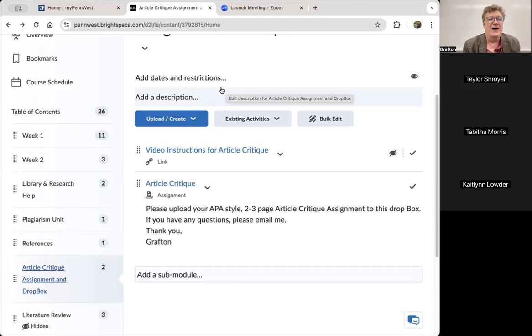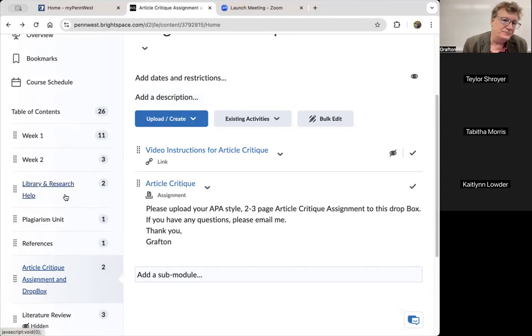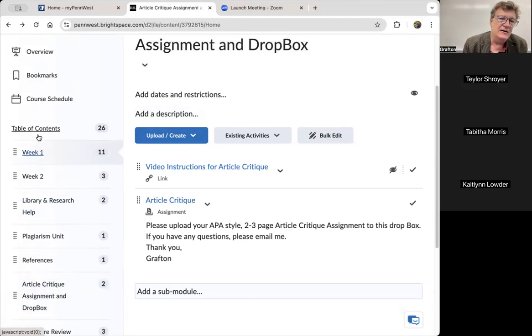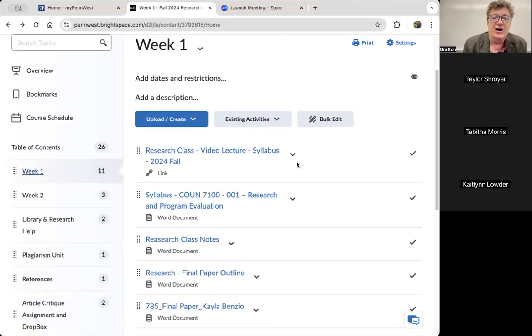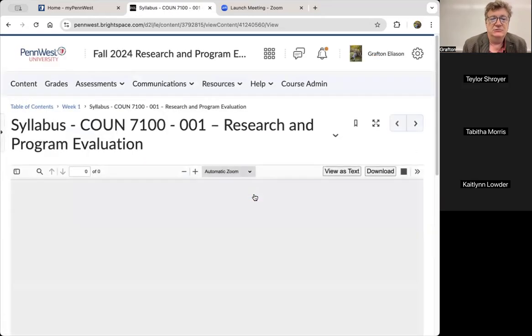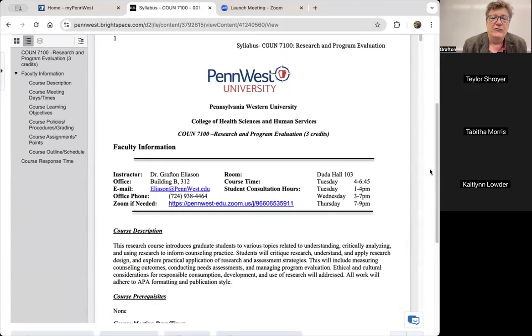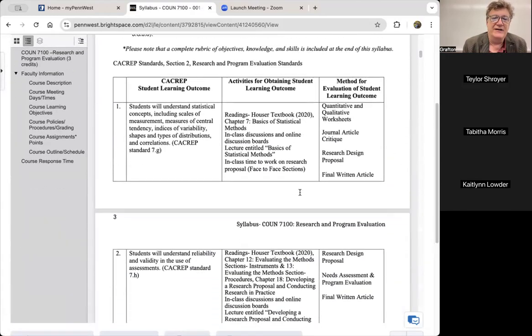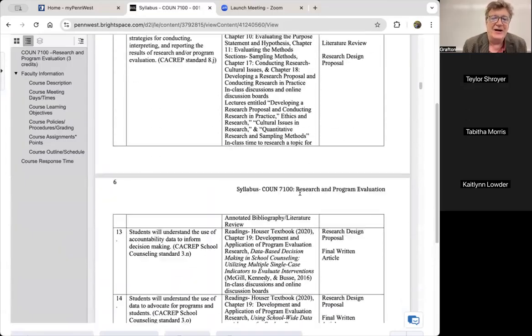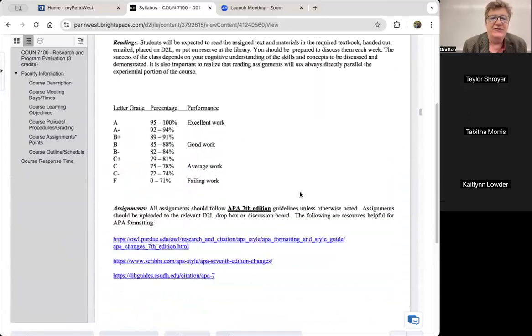So let's talk about that assignment and let's see if there's a rubric or not. If not, I'll just tell you about it. Of course, they want your references in APA format.